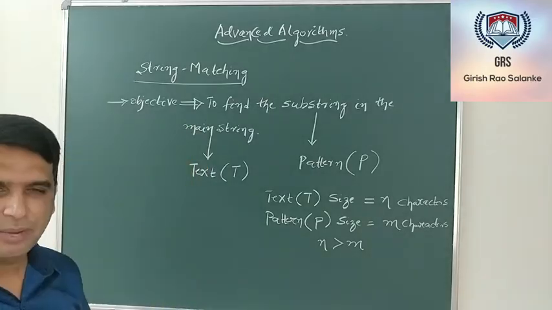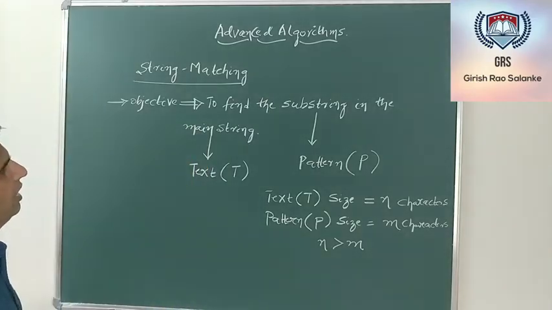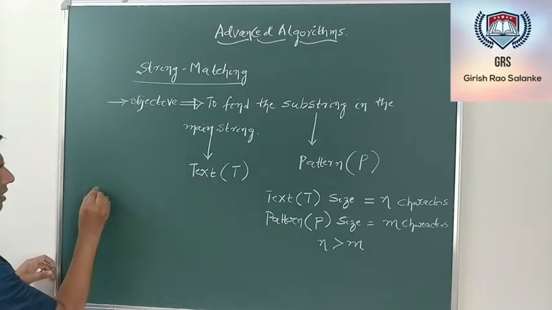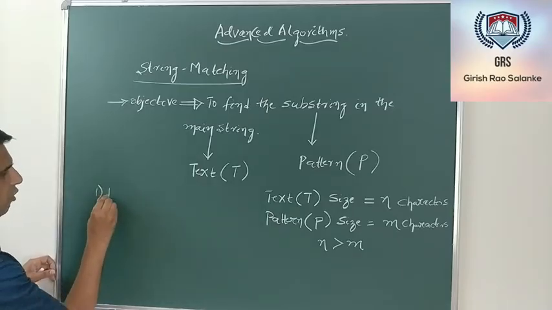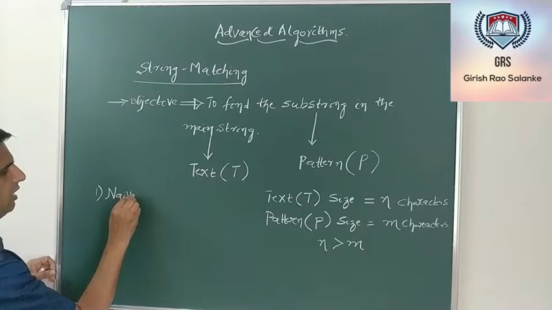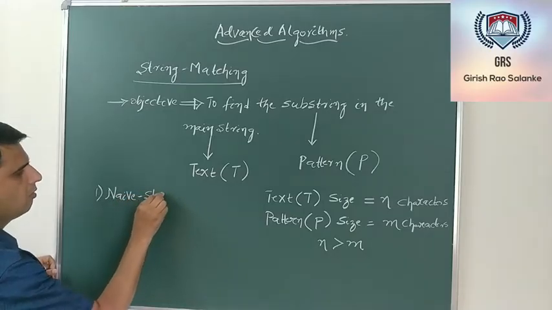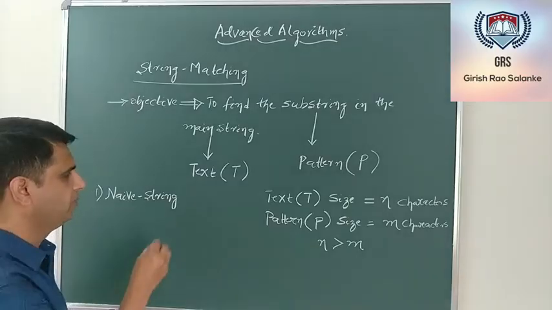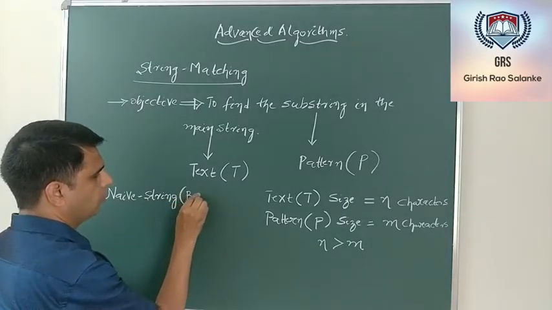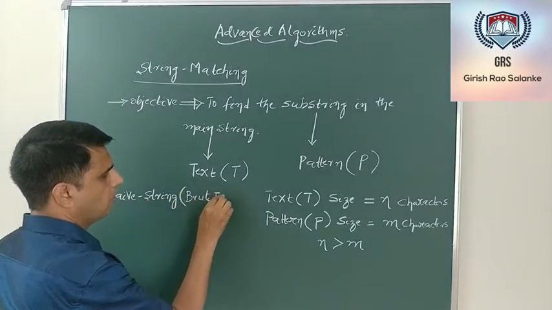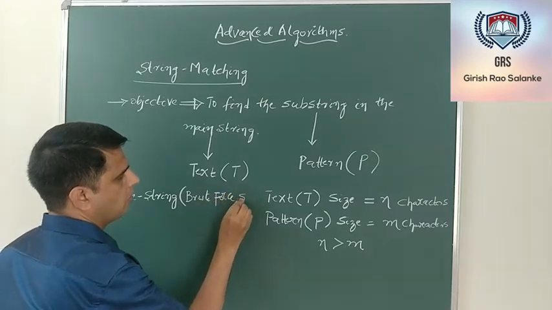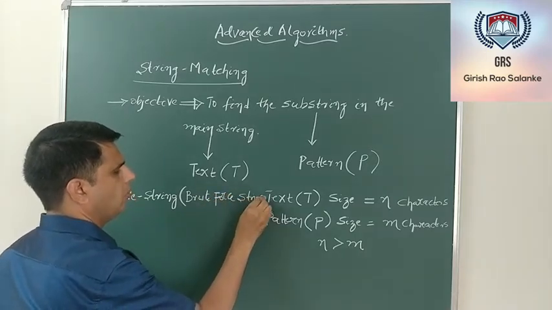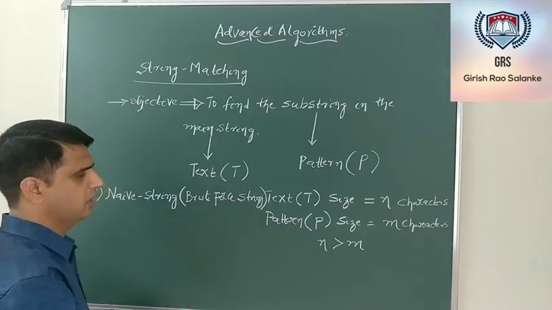Now coming to the string matching algorithms, the first and foremost that we are going to discuss is the naive string matching algorithm, or we can call it the brute force string matching algorithm.